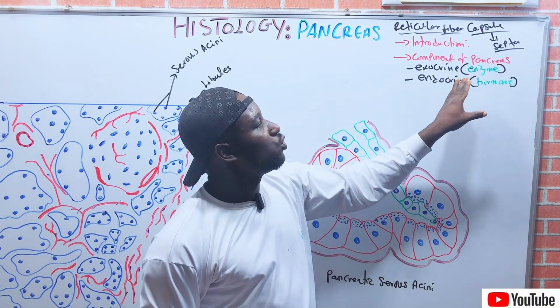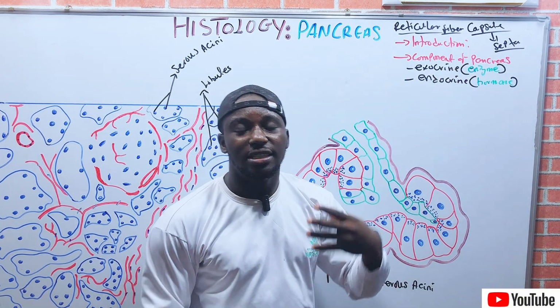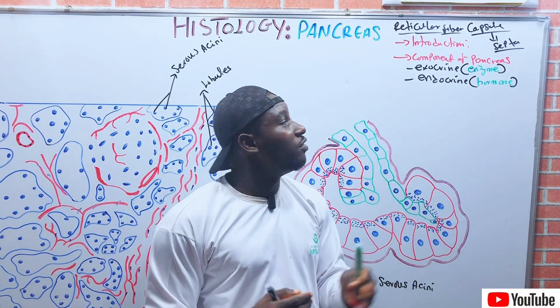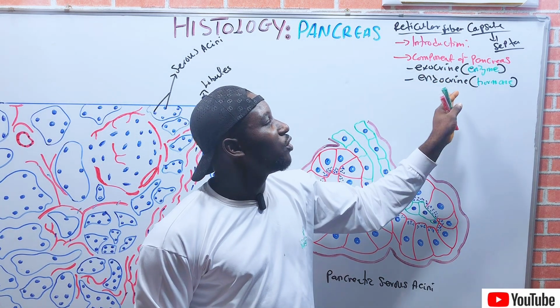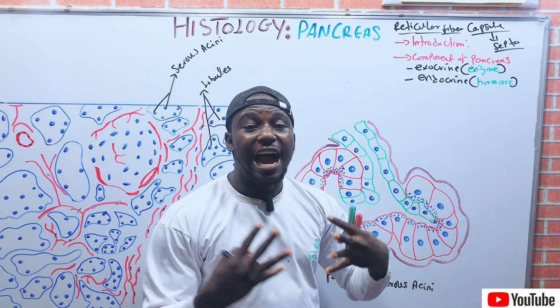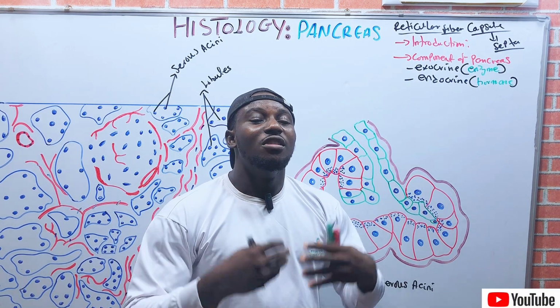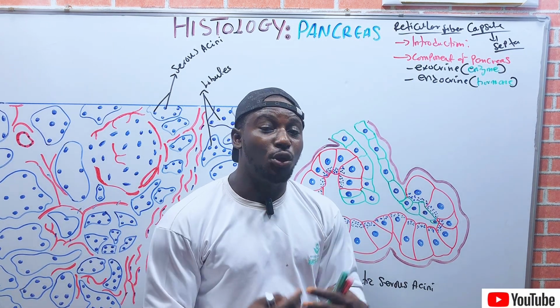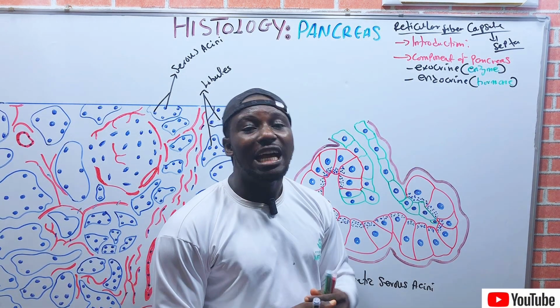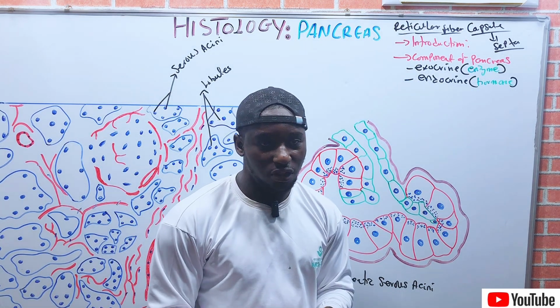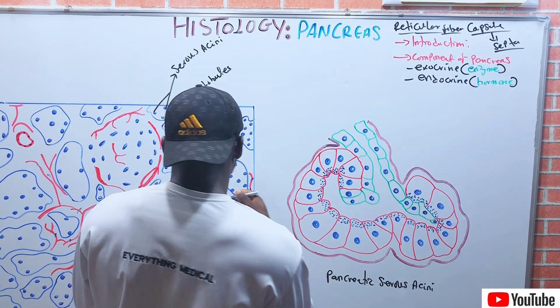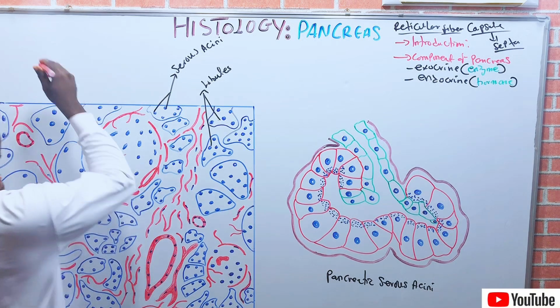Before we delve into this component, you have to understand that the functions of the exocrine and the endocrine component of the pancreas are linked, they are interrelated. And where they are commonly linked is based on their embryonic derivation, because they are derived from the endodermal lining of the gut.